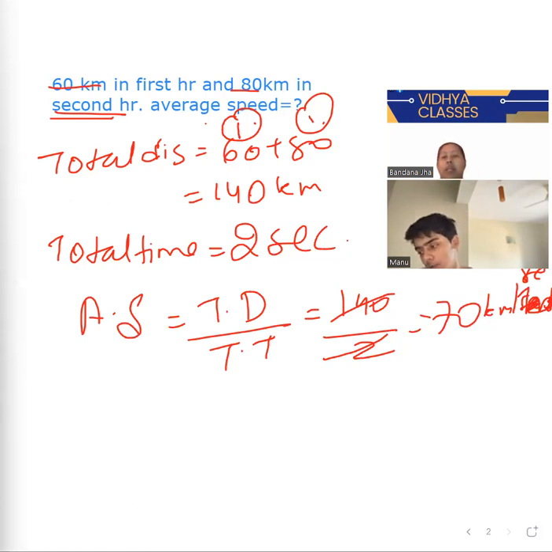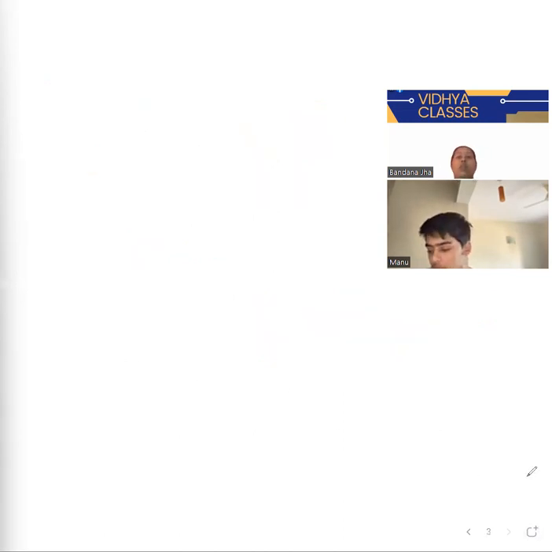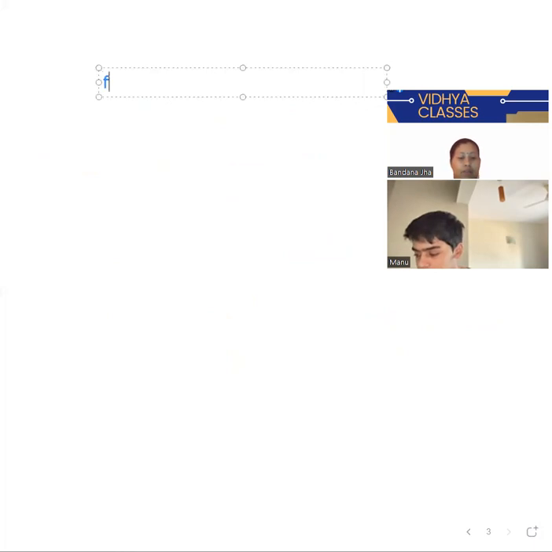A little bit tricky I am giving you. Suppose a bus travels, write it down, the next question. Suppose a bus travels first 240 kilometer at a speed of 80 kilometer per hour.